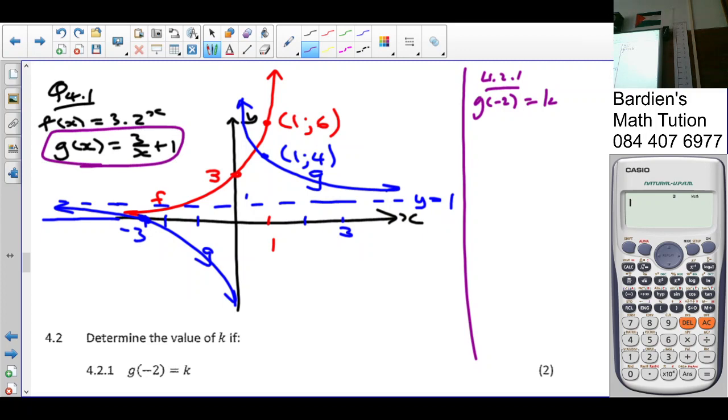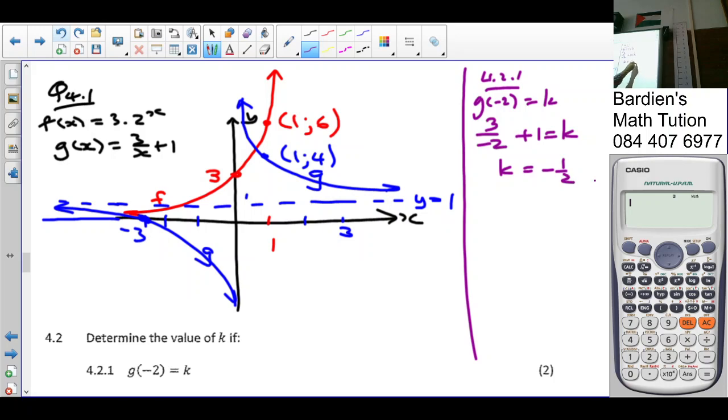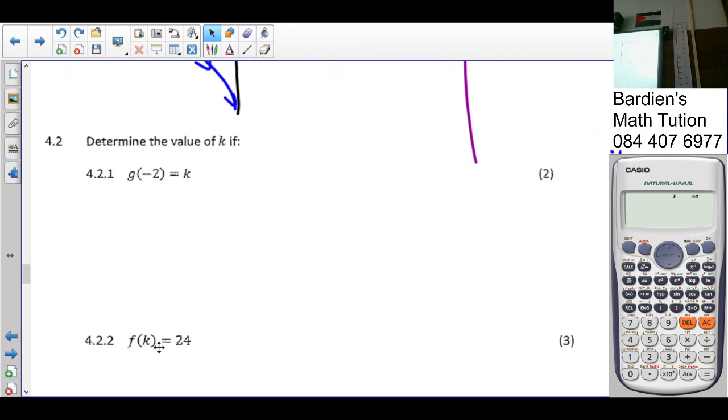So whenever I see an x, I put a negative 2. So it's 3 over negative 2 plus 1 equals k. In the calculator, I should get negative half. Is that correct? Yes. Okay, let's look at the next question.